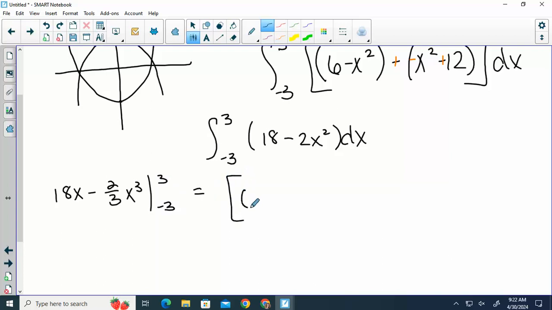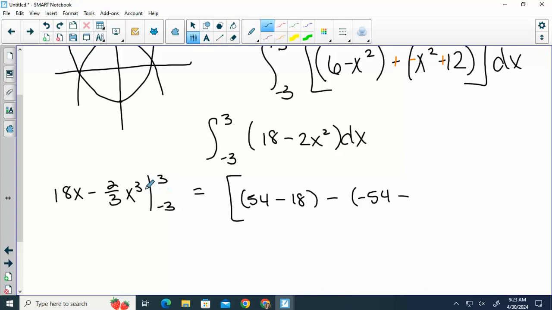So if we put in a 3, 18 times 3, 3 to the third is 27, divided by 3 would be 9, times 2 is 18. You put in a negative 3. Negative 3 times 18 is negative 54.